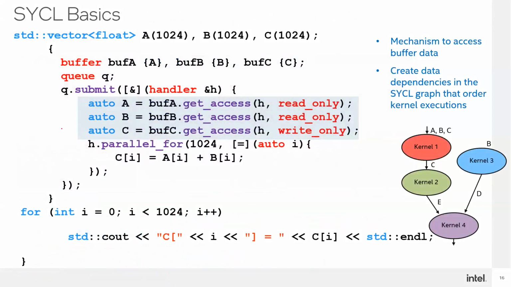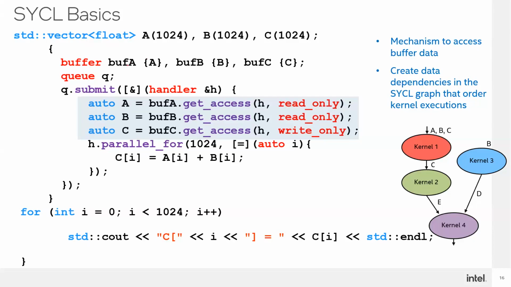So, as I said, we wrapped our data into buffers, but the next step in the buffer concept is to get accessors to this data. In this way, you are providing the runtime with information about the access mode in which you are going to access the data wrapped in the buffers.